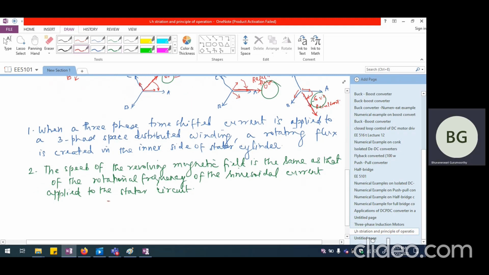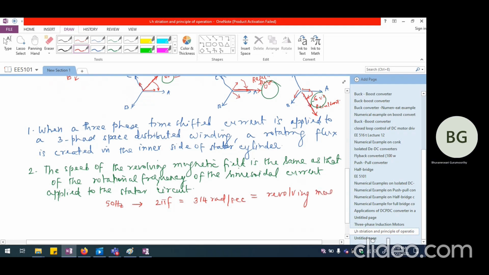So if we are having a 50 hertz supply, 2 pi f is going to be equal to 314 radians per second, 2 pi multiplied by 50. So this will be the revolving magnetic field speed.